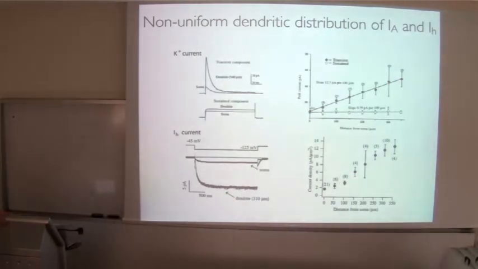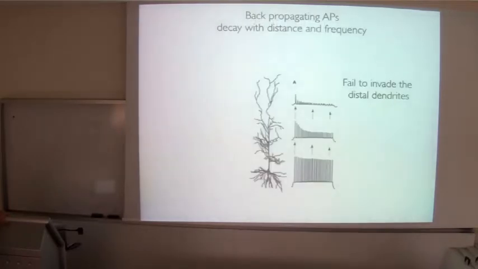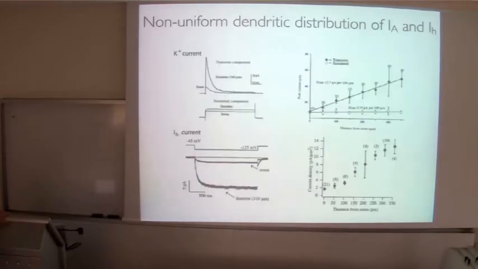It was a very peculiar phenomenon that people started to go and patch the dendrites. In this case, a guy called Dax Hoffman in Dan Johnston's lab went and patched the dendrite along the apical dendrite of this CA1 pyramidal neuron and was recording one of these currents, in this case A-type current.